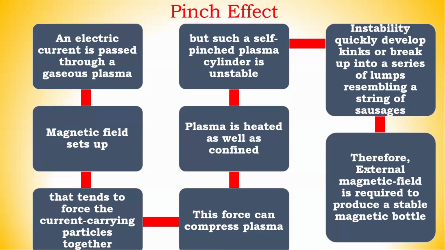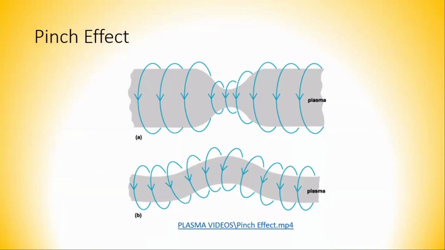You need to keep the cylinder in a magnetic field higher than the magnetic field produced within the cylinder, or else the simple logic is your plasma cylinder will blast. You will not be able to confine or store the plasma. So this pinch effect is not desirable. It is a kind of drawback, right? We need to avoid this pinch effect to properly store the plasma.